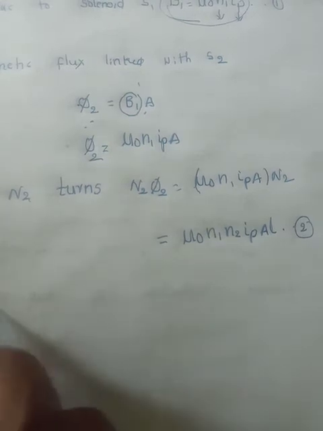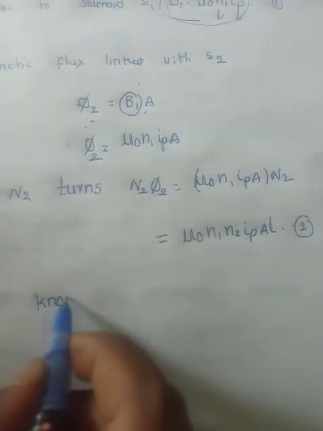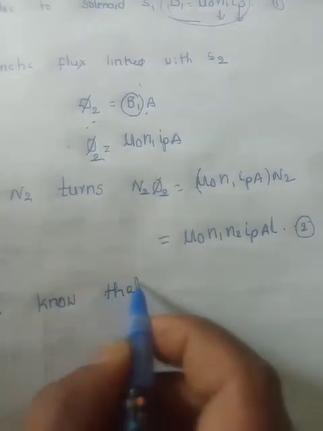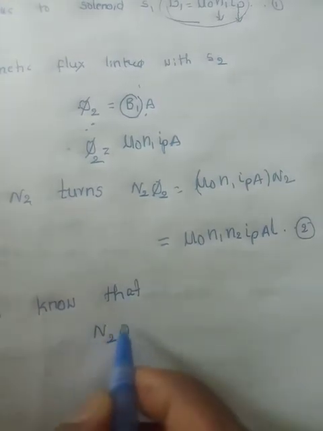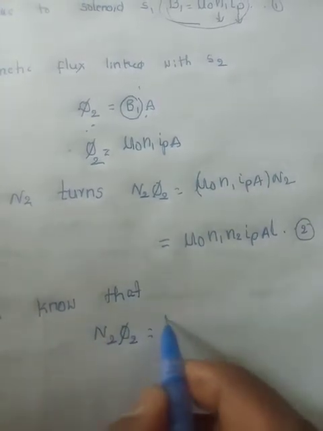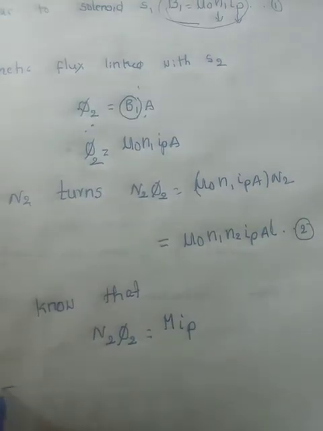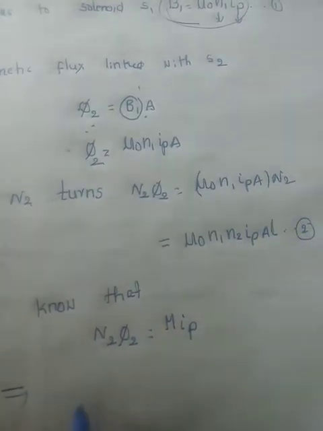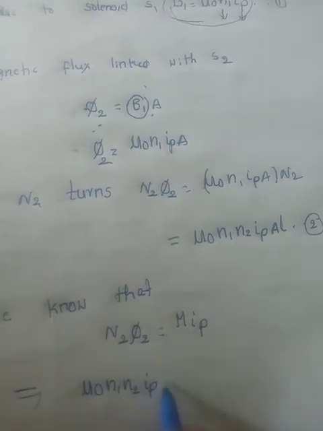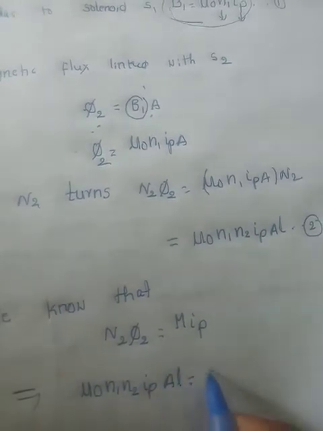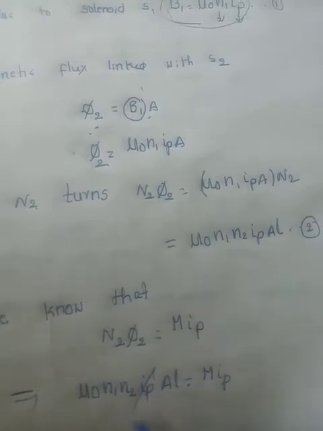We know there is a relation between magnetic flux linked and mutual inductance: N2 phi 2 is equal to M Ip. What is N2 phi 2 here? Mu naught N1 N2 Ip A by L. That equals M into Ip.